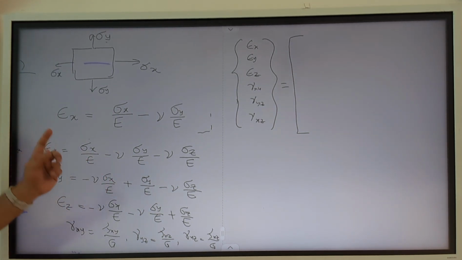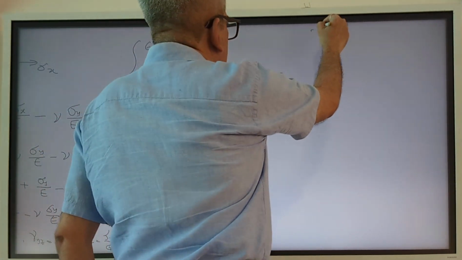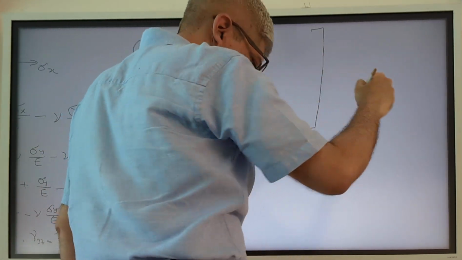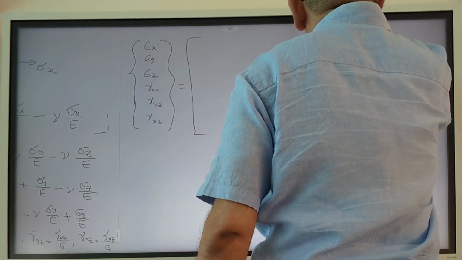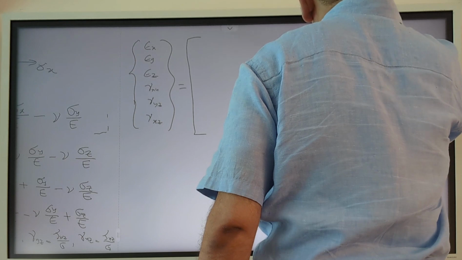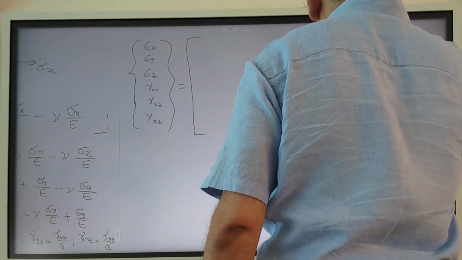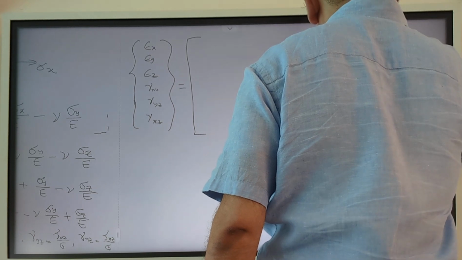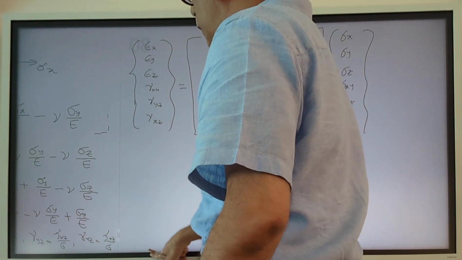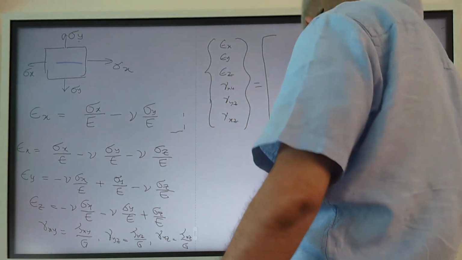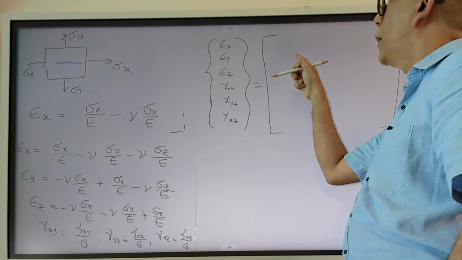There are 6 unique strain or stress components, so there will be 6 components. There will be some matrix which relates stress and strain. Whatever equations we have seen here, we have to just translate into this particular matrix form.